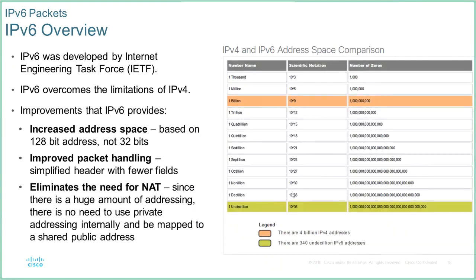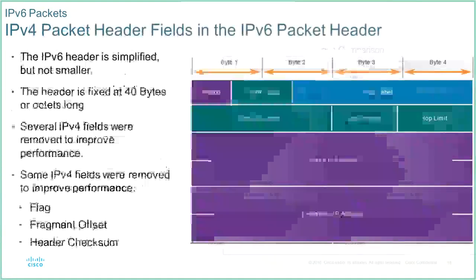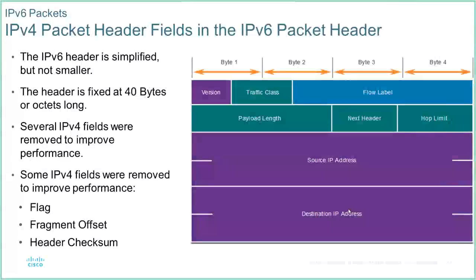So, okay, we have 4 times 10 to the power of 9 against 340 times 10 to the power of 36, which is quite a substantial change in the number of addresses we have. It's been said that we can put an IP address on every grain of sand in the world and still have stuff left over, to give you an idea of how many addresses we have. We've got lots left over.